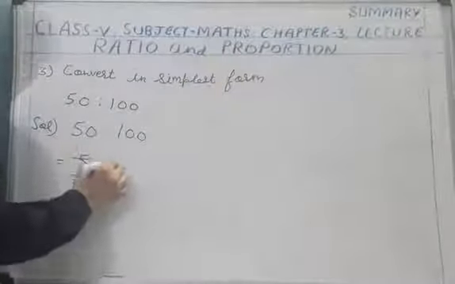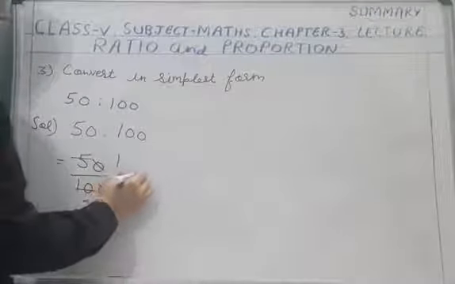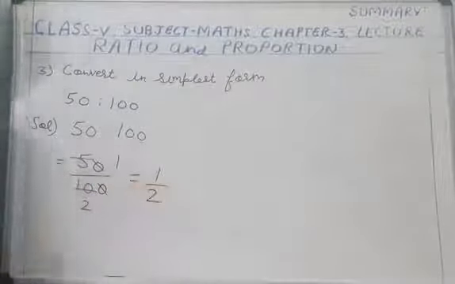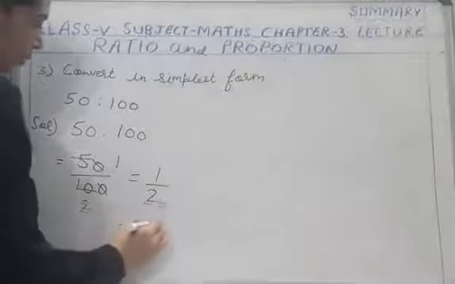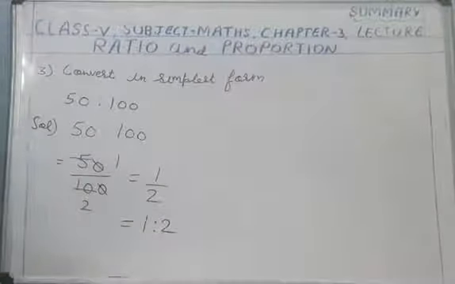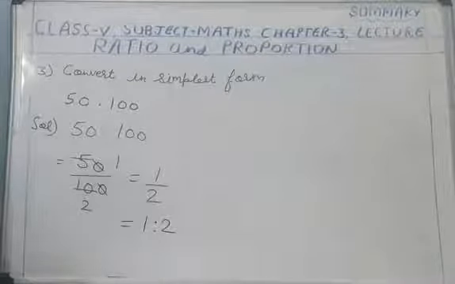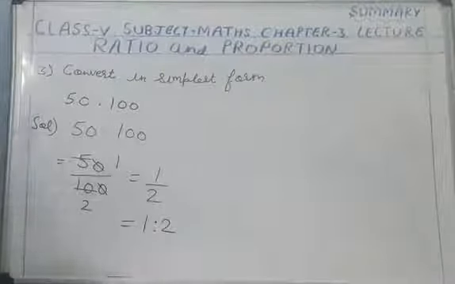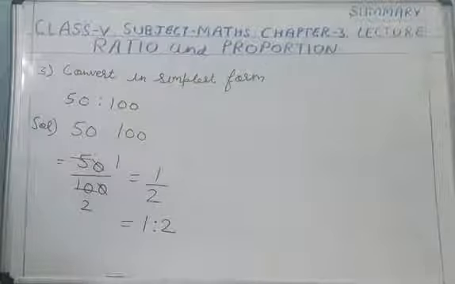Now 5 1s are 5, 5 2s are 10. So it is 1/2. So its simplest form is 1/2. Understood? Simplest form means you have to convert it into lowest form. You all have learned the divisibility rules. You will follow those rules.